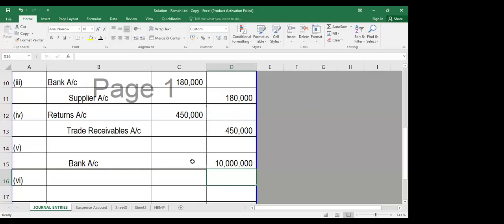So we credit bank with 10 million. Then we shall debit our suspense account with 10 million. That is the right correction of the error.